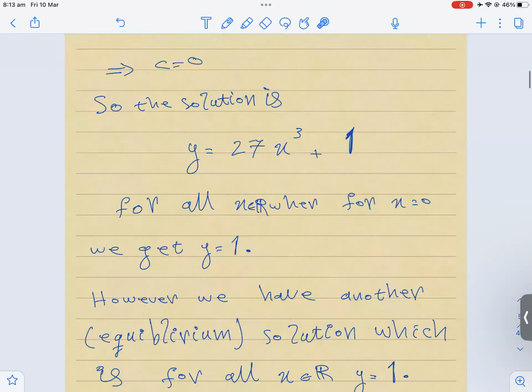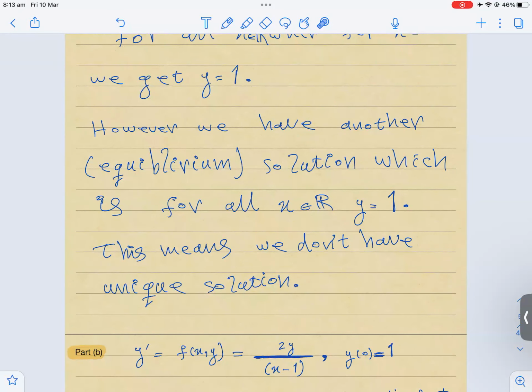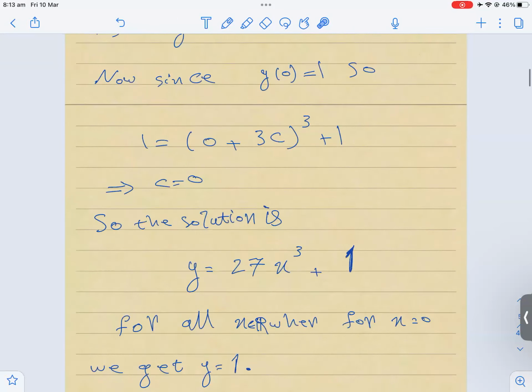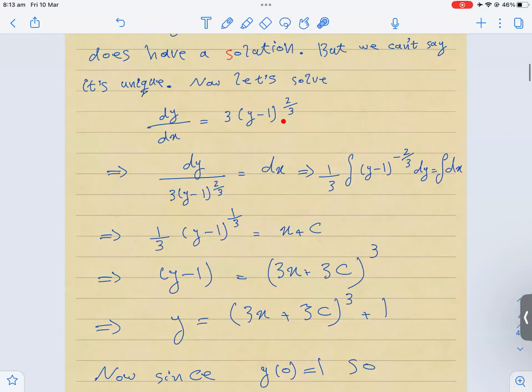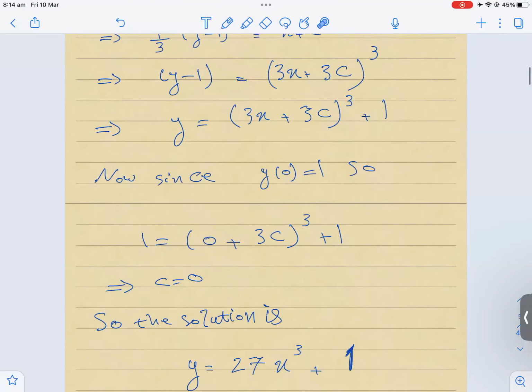But back to the original ODE here, you see that not only for x equals 0, but also for every x, this equation has another solution, and it is y equal 1. And as we discussed last week, it is an equilibrium solution. It's an important solution, y equal 1.